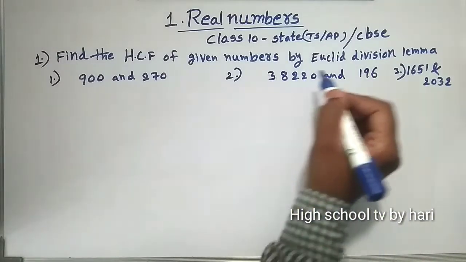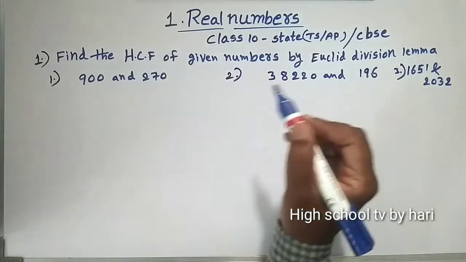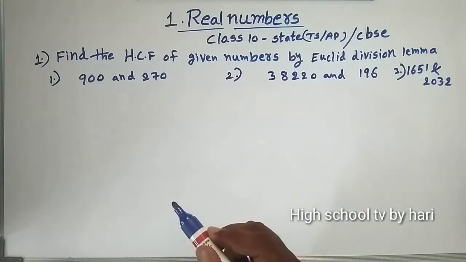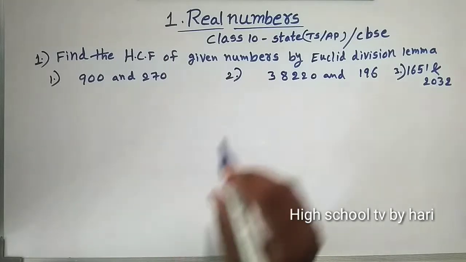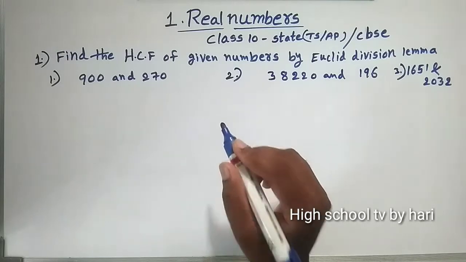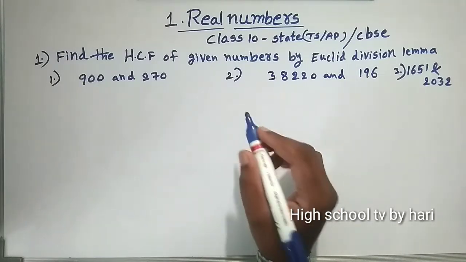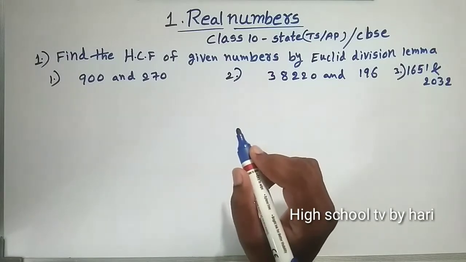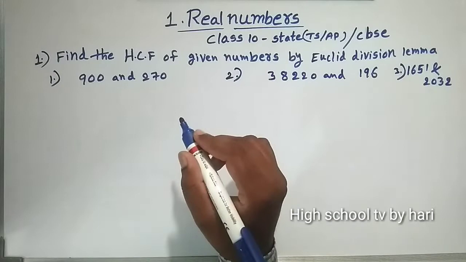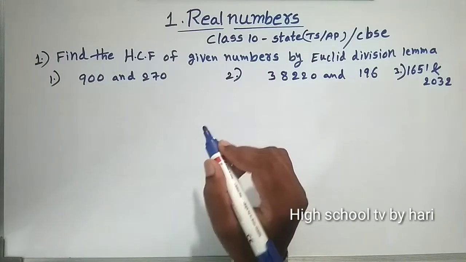First, we know what the Euclid division lemma is. Euclid's division lemma is a law to find the HCF of two numbers by writing the given two numbers continuously in the form a equals bq plus r, satisfying the condition r is less than b and r is greater than or equal to 0.